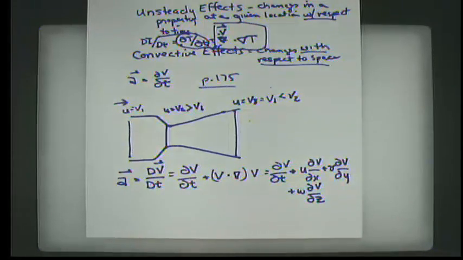Now, there's an interesting thing. This is broken up into basically, you could think of it as being time, I, J, and K components. We can also take a look at this along a streamline.